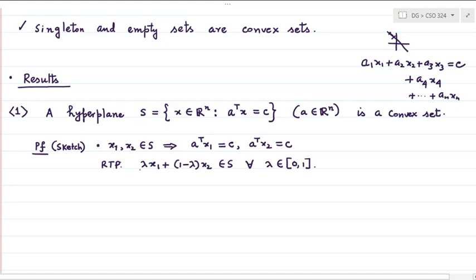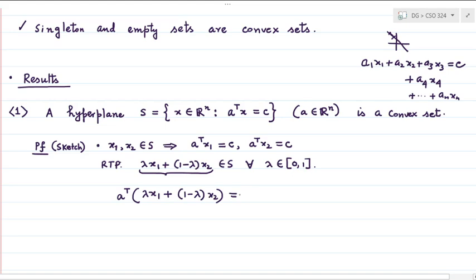Now to prove that this element is in set S, we have to prove that A transpose of this expression is equal to C. You now compute A transpose of this convex combination of x1 and x2, that is lambda x1 plus 1 minus lambda x2.